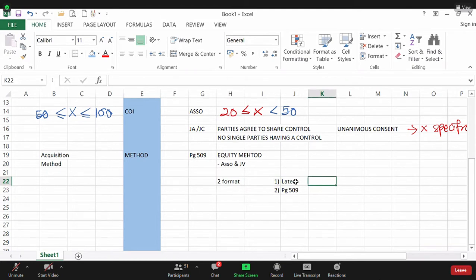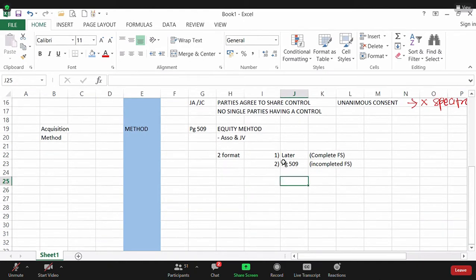Number one, you use when you have complete or full FS. For page 509, when you have incomplete financial statements. Usually the format at the bottom of page 509, I'm going to use when we have complex situations.